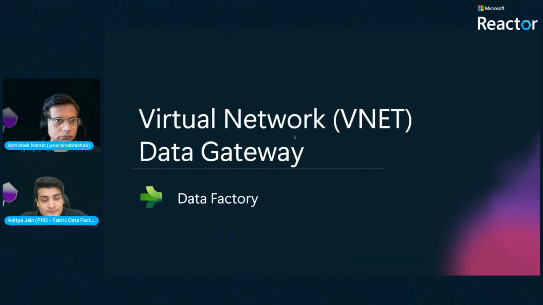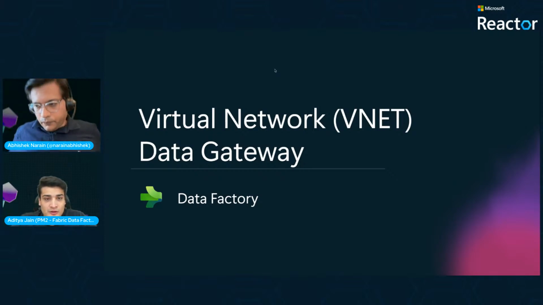So yeah, we just talked about on-premises data gateways, to help you ingest data, move data, or even replicate data from your on-premises data sources to Microsoft Fabric Cloud with ease.